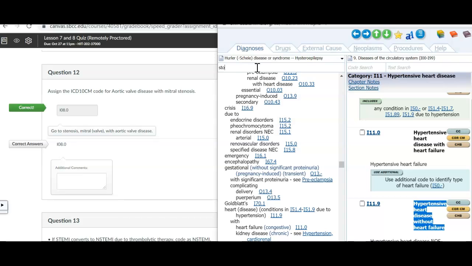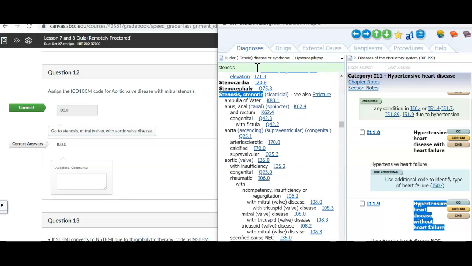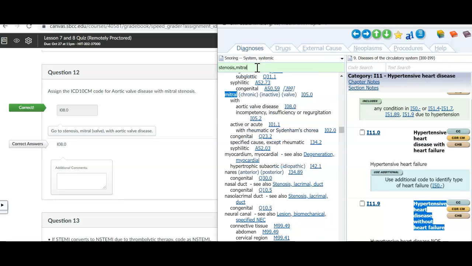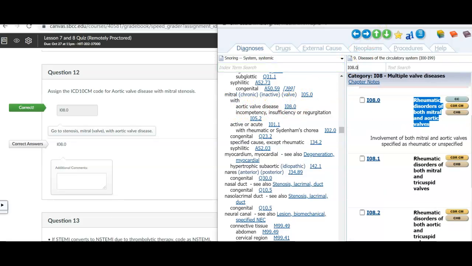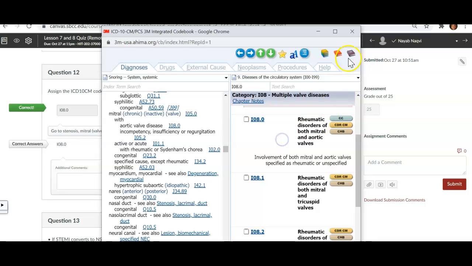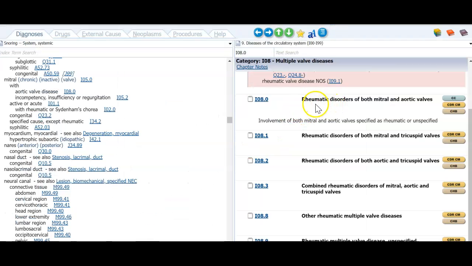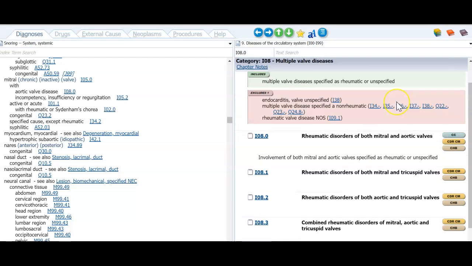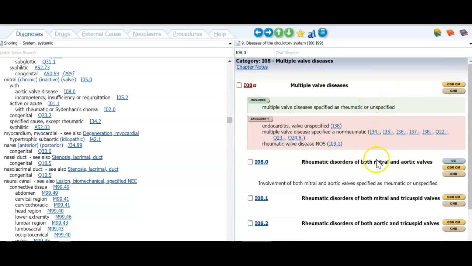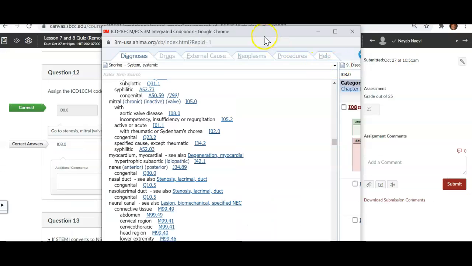If I go to stenosis, mitral, with aortic, it takes me to I08.0. And if you look at our tabular, right here, it's rheumatic. This is kind of an important thing to remember. You have those both valves.